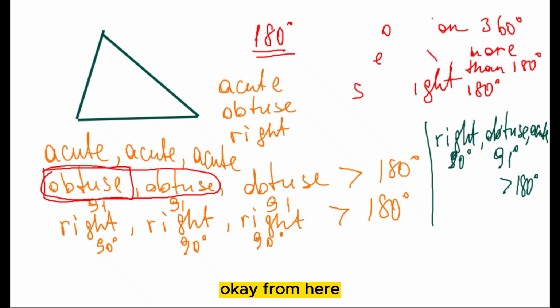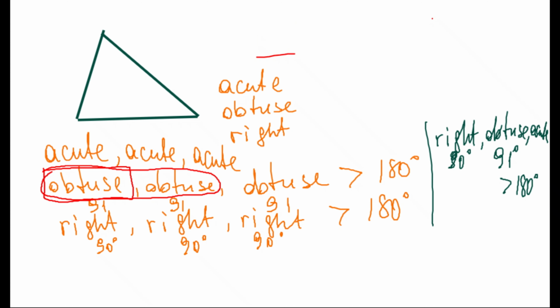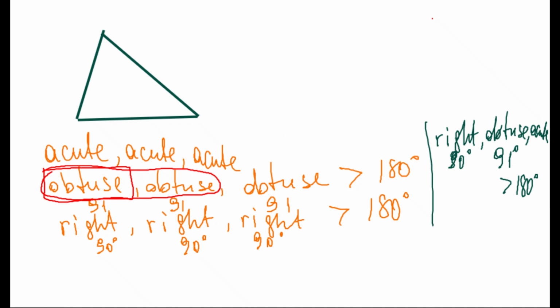Okay, from here we can come to the conclusion that a triangle can have only one right angle at once, only one obtuse angle at once, or all three acute angles.